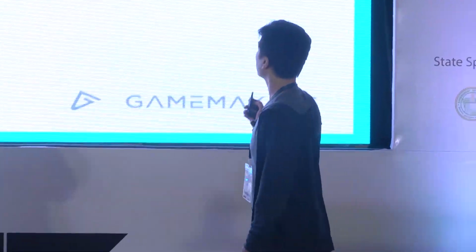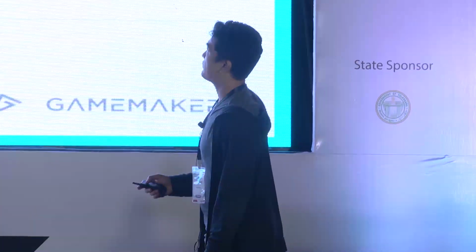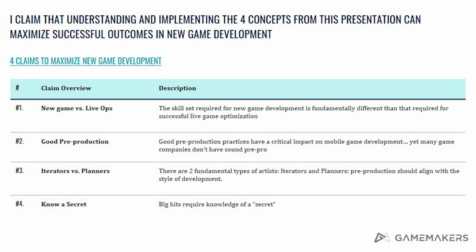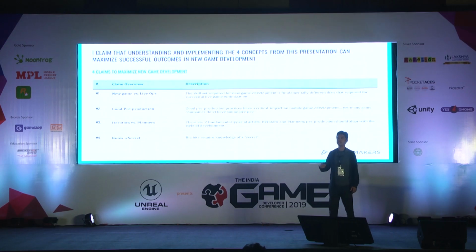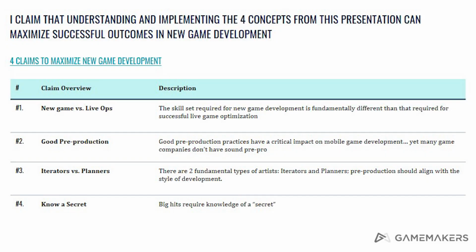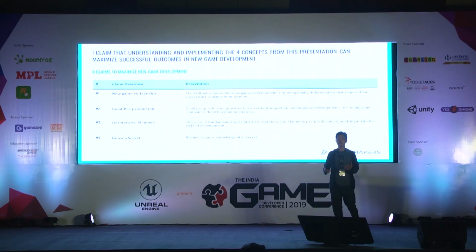So I would submit to you that the person that's really great at both is very rare. And then finally, in terms of new game development, in order to optimize your chance for a commercially successful outcome, I believe that these 4 concepts and best practices can help you significantly increase your chances of success.